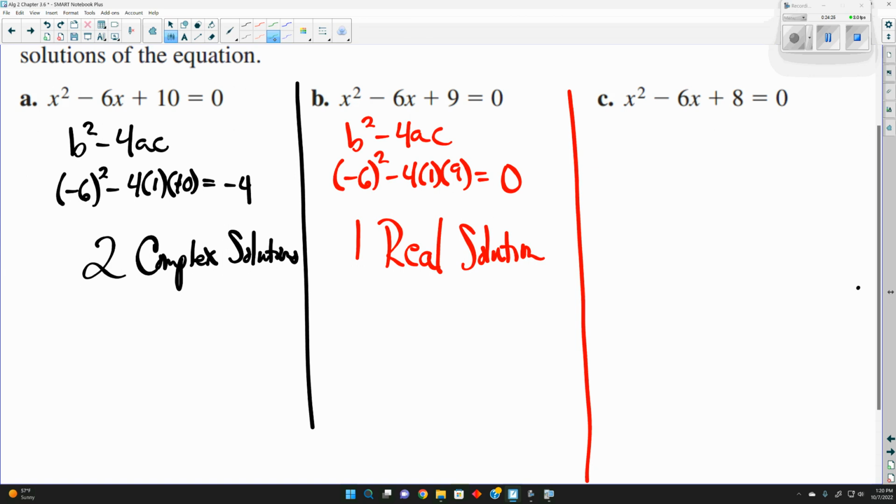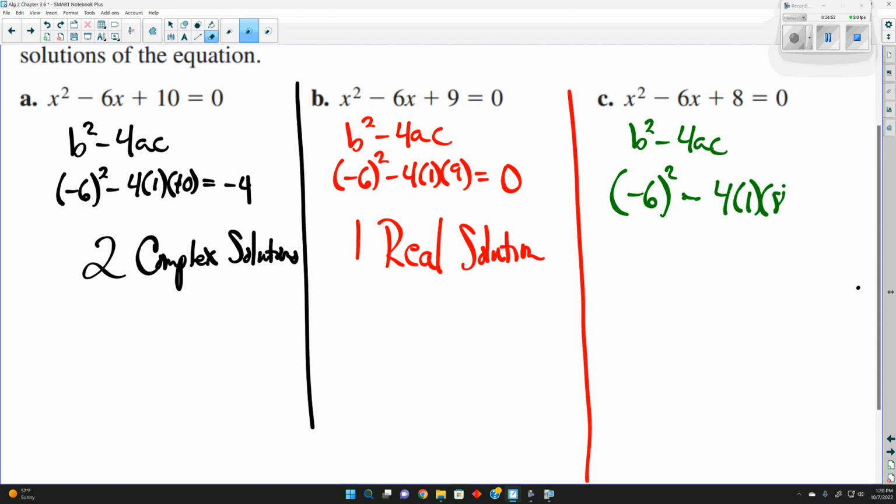And last but not least, we're wanting to find out what b squared minus 4ac is for this here. Well, the value b in this case is negative 6 squared, minus 4 times 1 times 8.